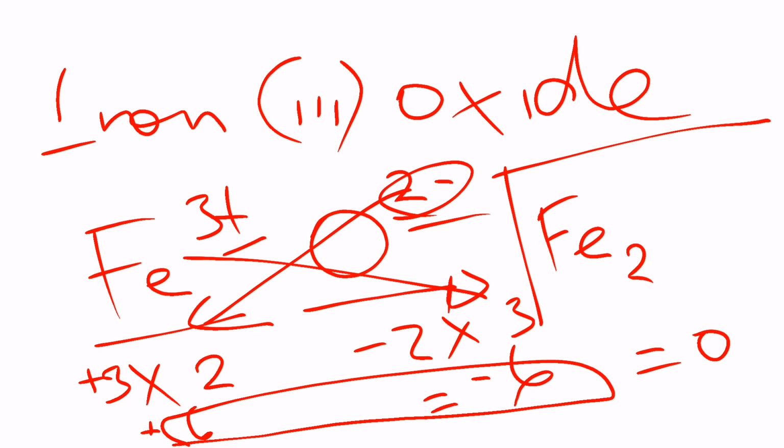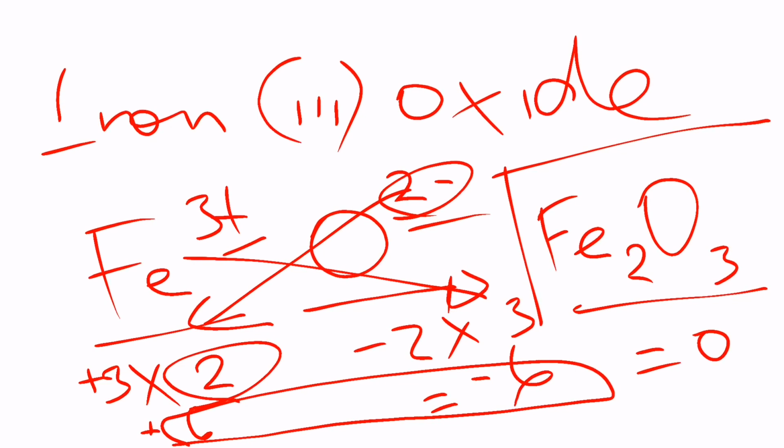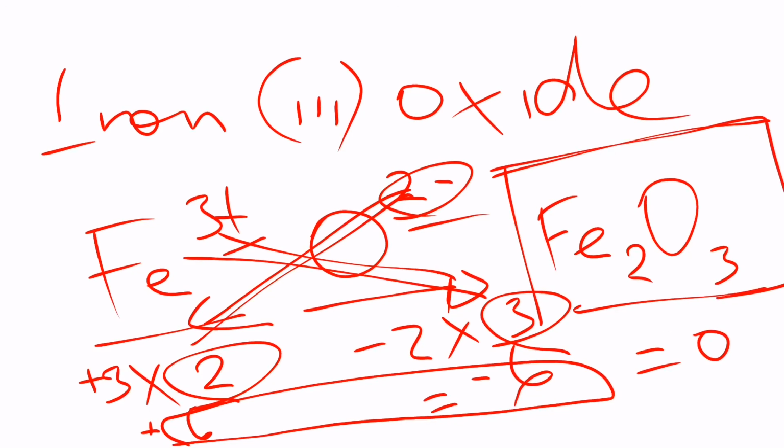And then here, the 3 comes here, oxide 3. That is how we are going to get this one, because iron we multiplied by 2, and here we multiplied by 3. So these are the numbers we are taking. But basically, you can just cross multiply like this, and this is the formula for iron 3 oxide. So this is how you write the formula for iron 3 oxide.